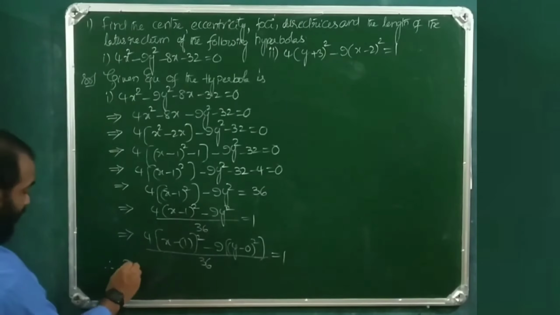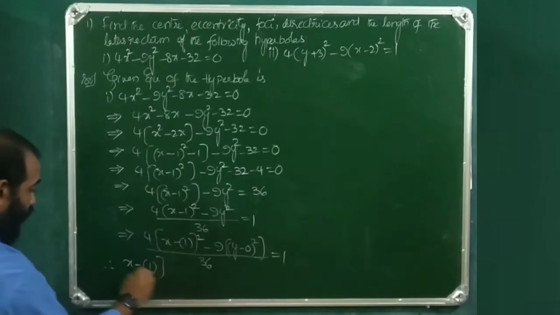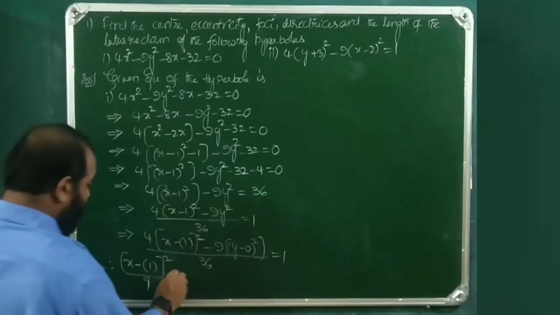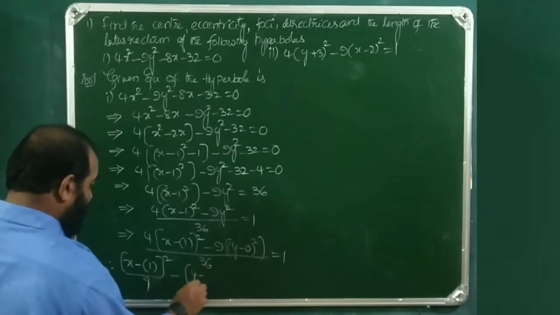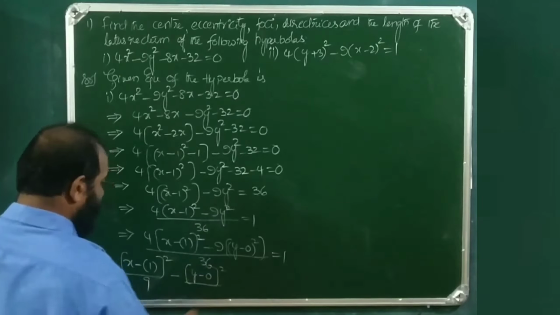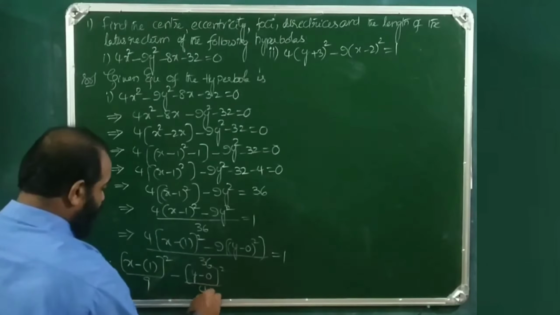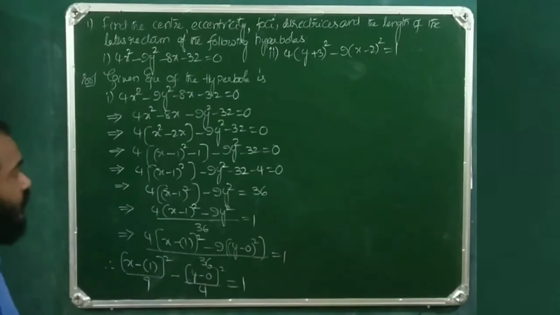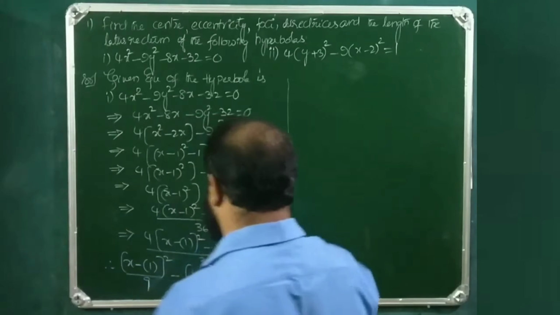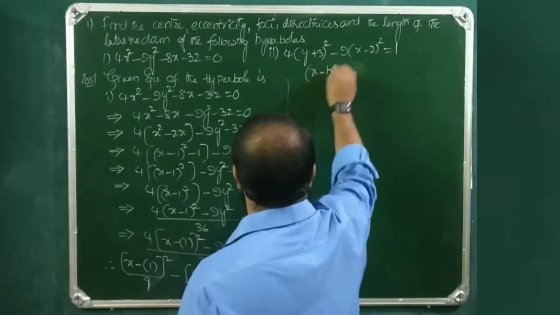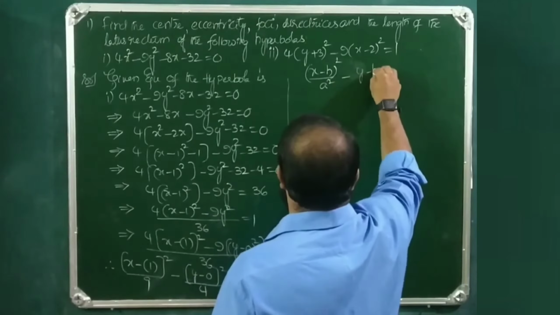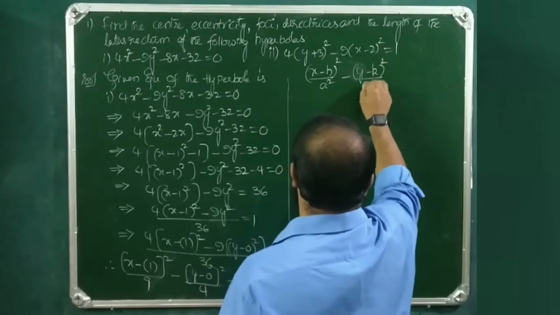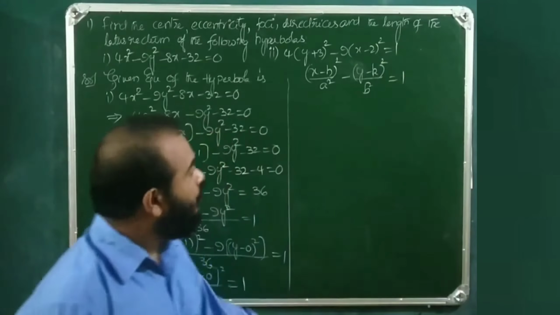Therefore, (x minus 1) whole square, 4 by 36 is 9, minus (y minus 0) whole square by 4 equals 1. So this is of the form (x minus h) whole square by a square minus (y minus k) whole square by b square equals 1.